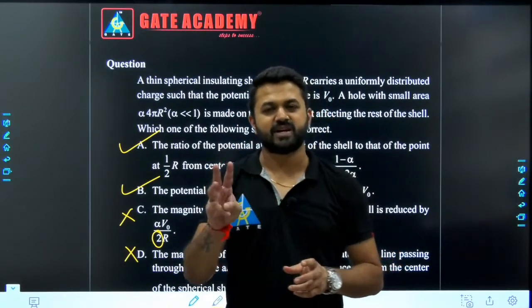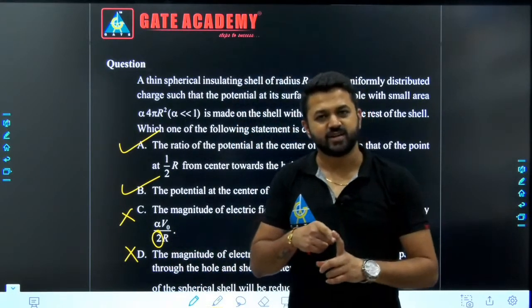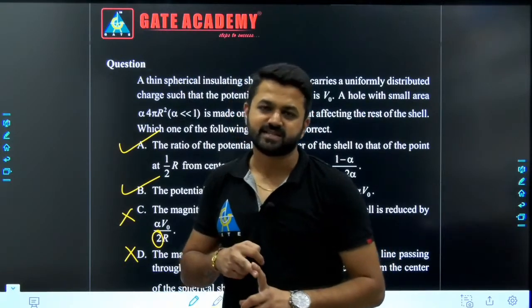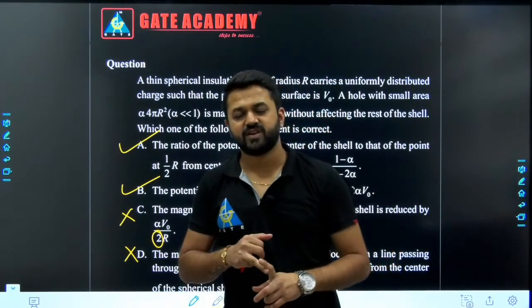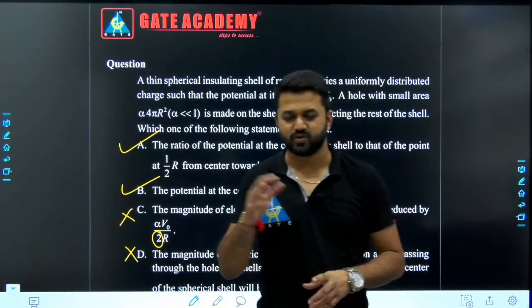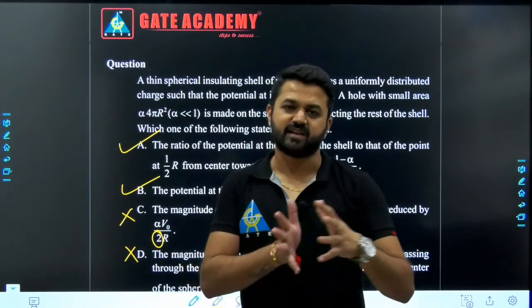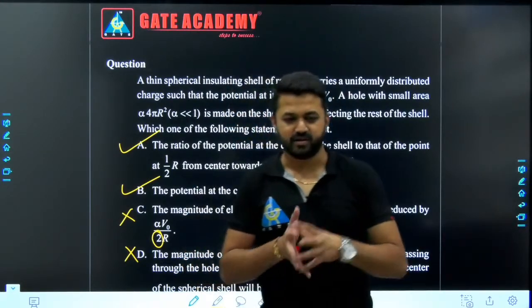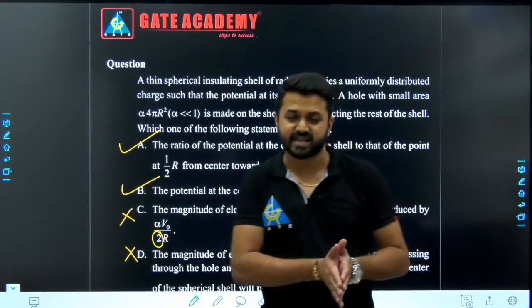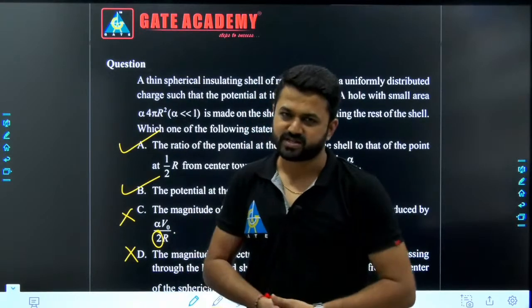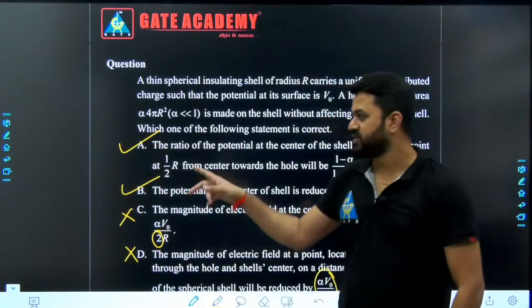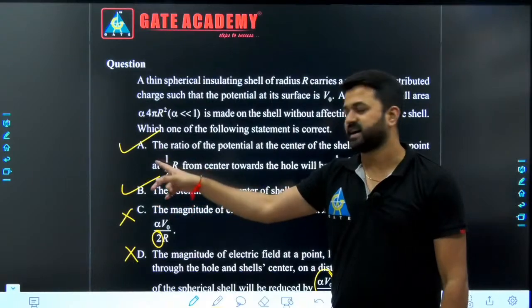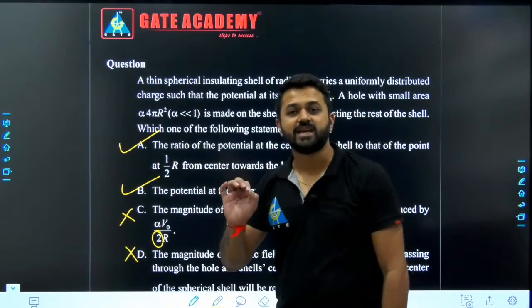Now there are three sections: numerical answer type, multiple choice question, and multiple select questions. So in this way GATE 21 paper will be coming in these three sections, with 1 mark and 2 marks questions, and there will be no partial marking. If you find only one of the correct options, you will not get any mark.